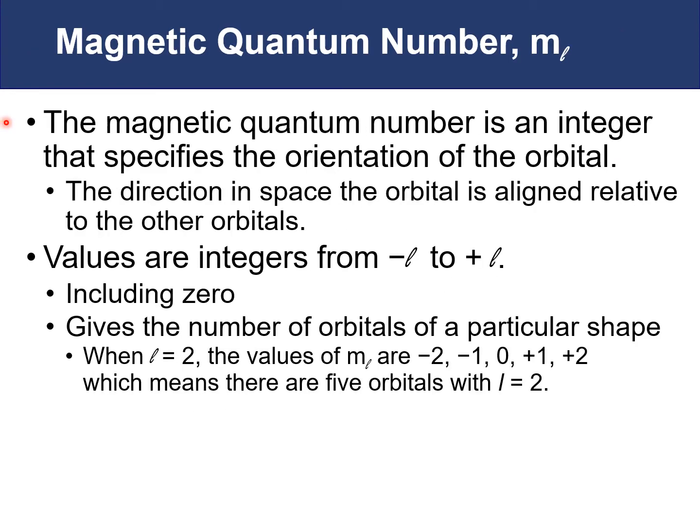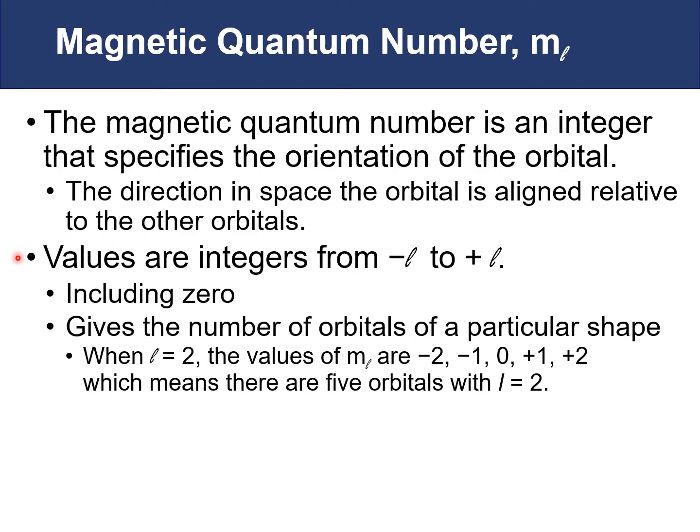The next quantum number is the magnetic quantum number, m sub L. It tells us the direction in space that the orbital is aligned relative to the other orbitals. The values that are possible for m sub L depend on the L value. So to determine your m sub L, you first have to know your principal quantum number n.